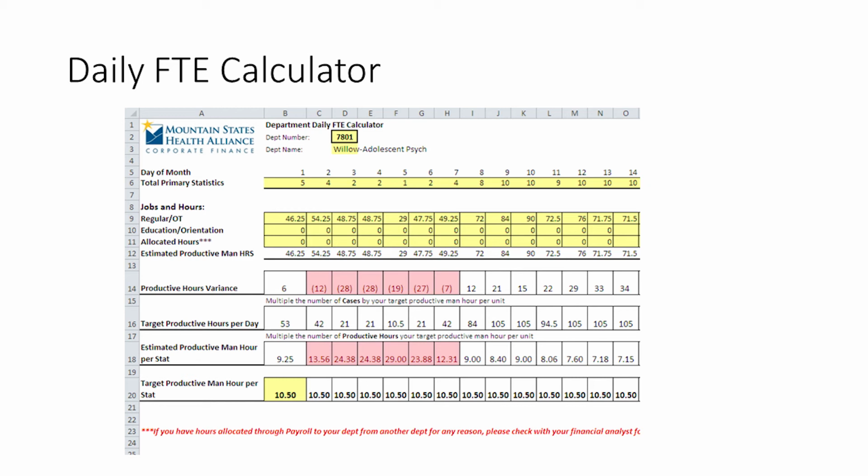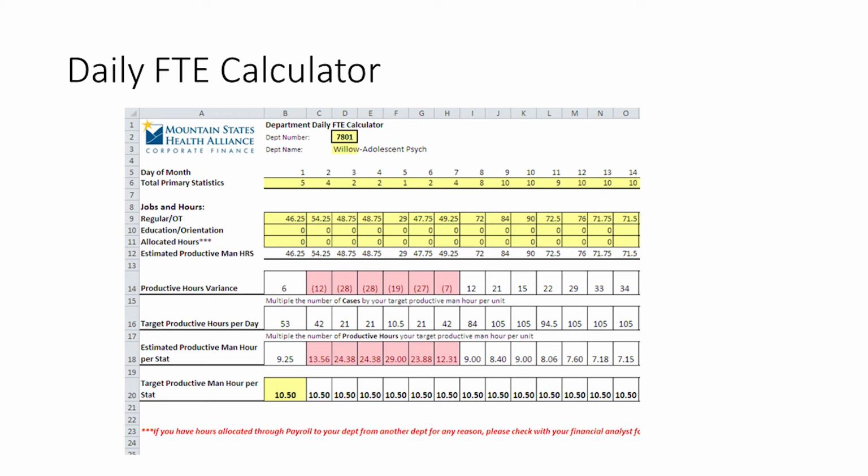And the daily FTE calculator is another way to look at productive man hours per unit compared to your budget on a daily basis, just tracking your labor every day and looking at the stats to see where your productive man hour per stat is in comparison to your budget.